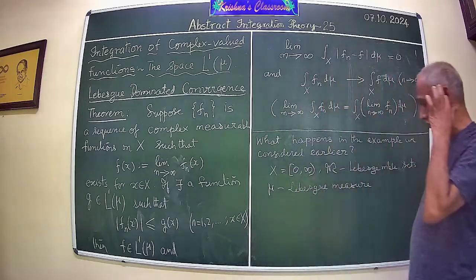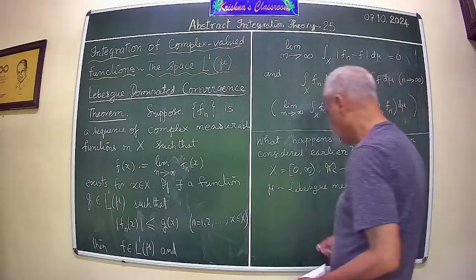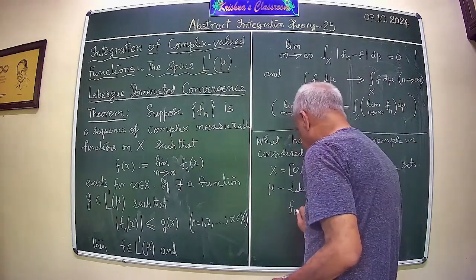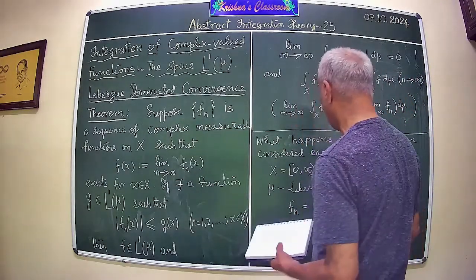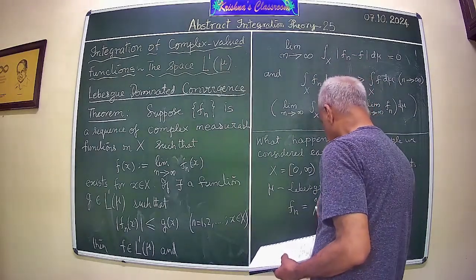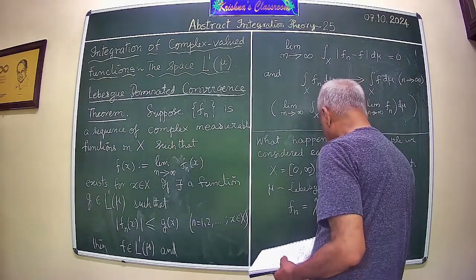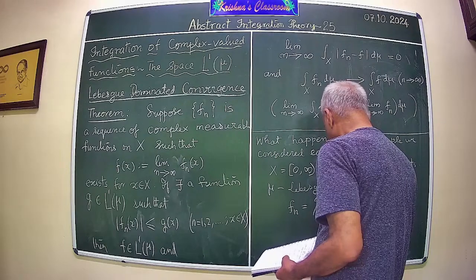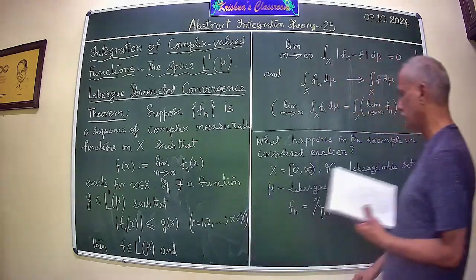With this, we have considered Fn to be equal to chi of the interval n to n plus 1.